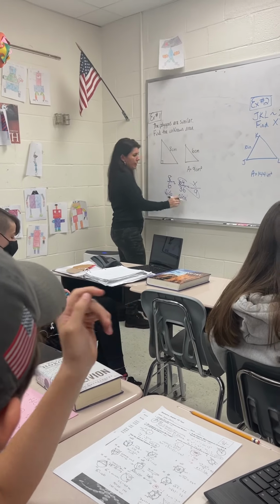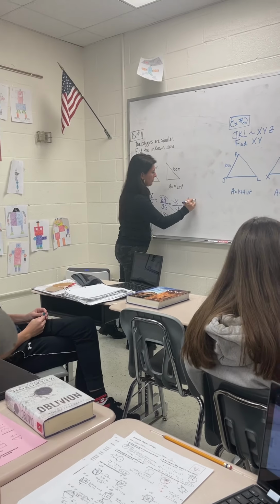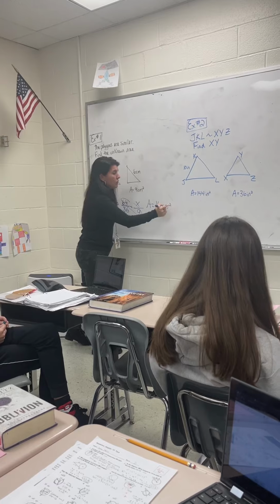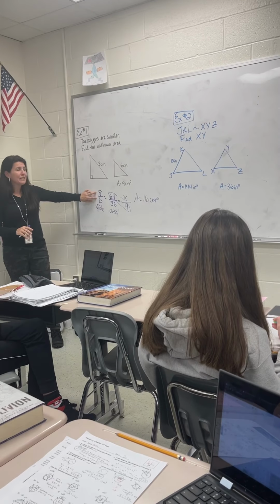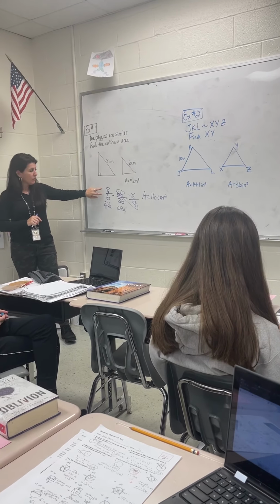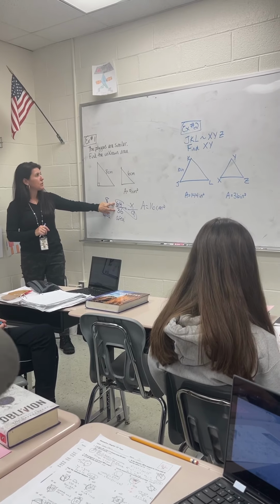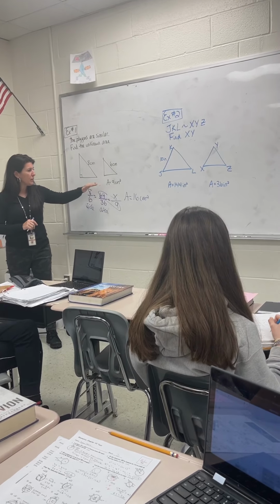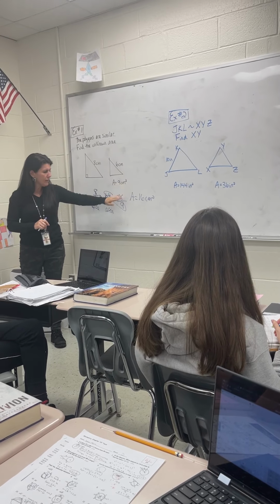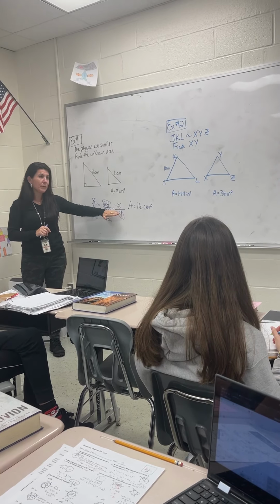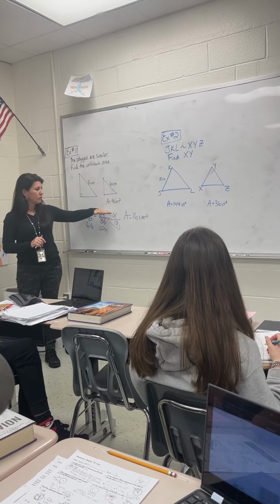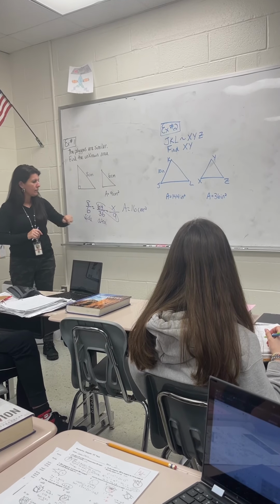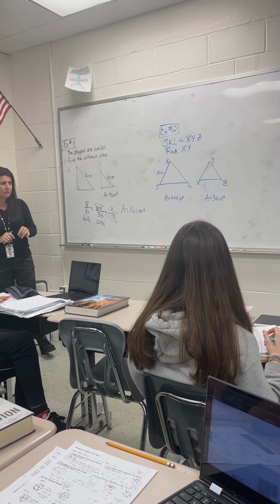So this area is 16 centimeters squared. Again, we were given side length ratios and converted them into area ratios because we had to find the unknown area, and then we used that ratio to compare this area with this area. I put 9 on the bottom because the bottom numbers are for my small triangle. 64 times 9 divided by 36 gives me 16.